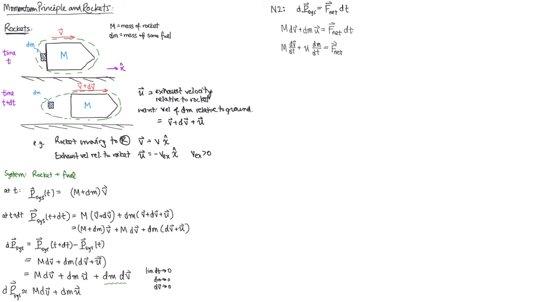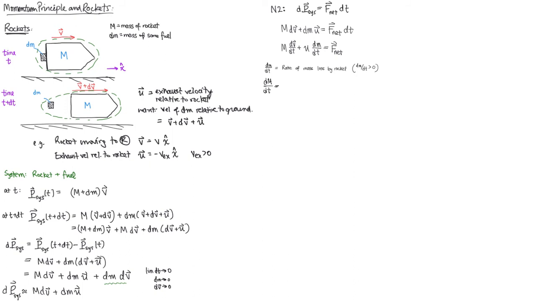So what is this dm/dt? Well, this is the rate of mass loss from the rocket, and it's a positive quantity. Okay. How about the capital M dm/dt? Okay. Well, that's the rate that the rocket mass changes in time, and that's going to be a negative quantity.